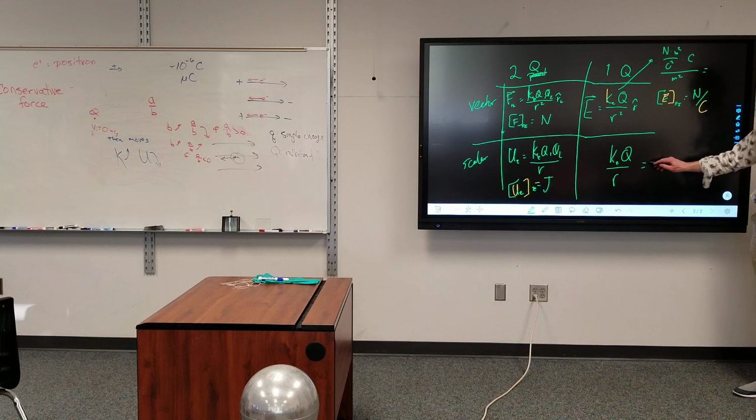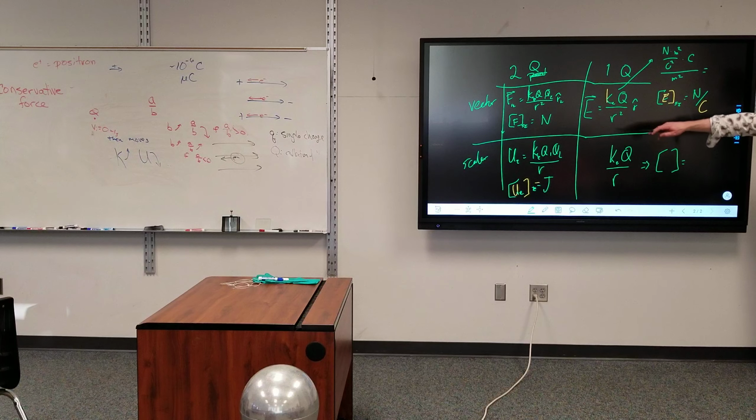So we would have units of joules over a charge, so that's a joule per coulomb. Now, this joule per coulomb was too much for physicists to write, so they came up with their own unit, and it is the volt.